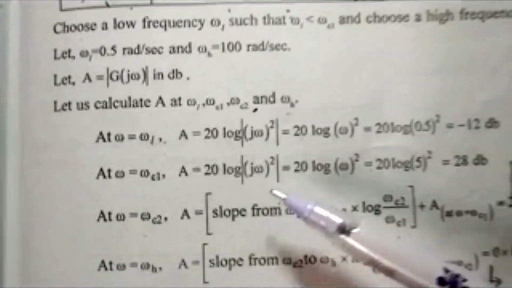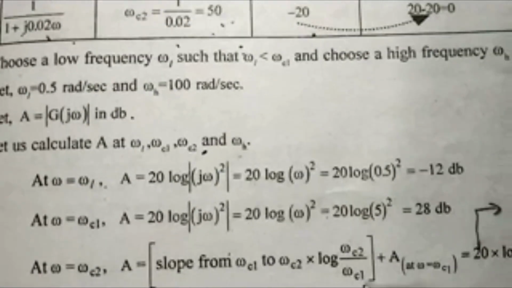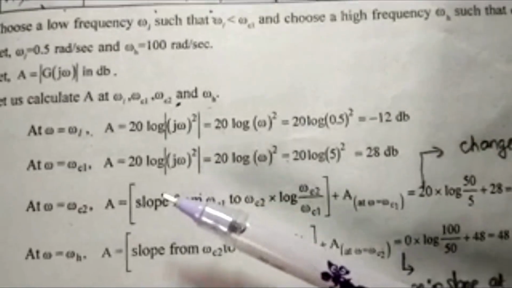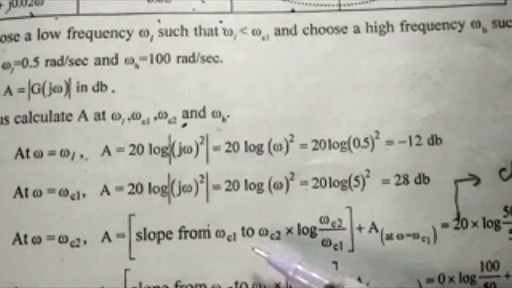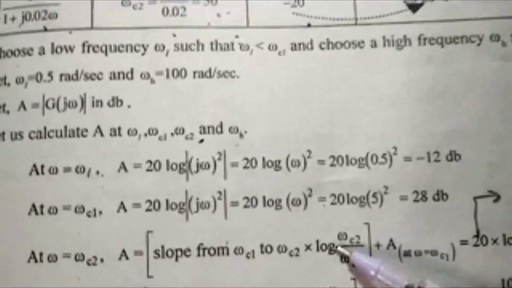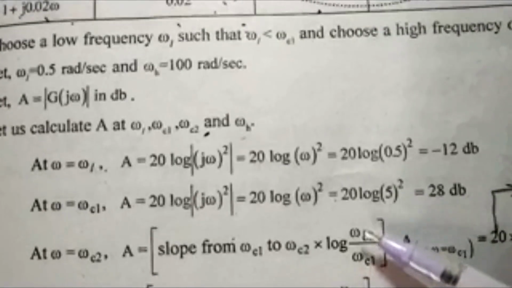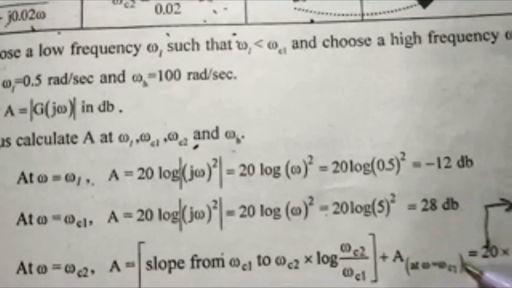This is the formula for finding magnitude at omega C2. The formula is slope from omega C1 to omega C2 into log C2 by C1 plus the magnitude at C1.